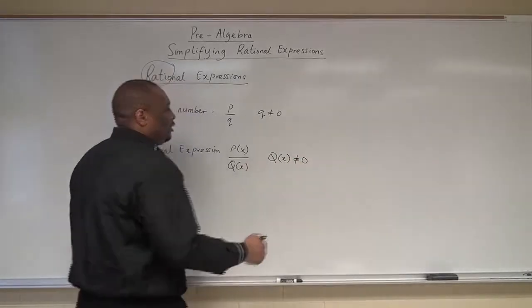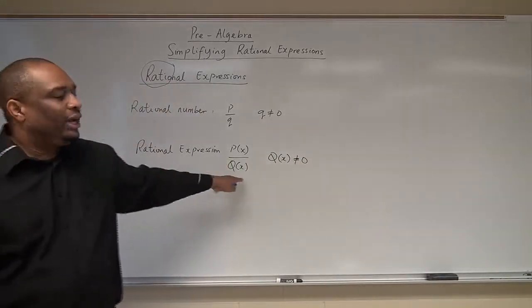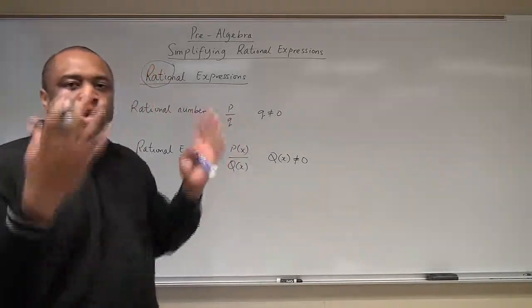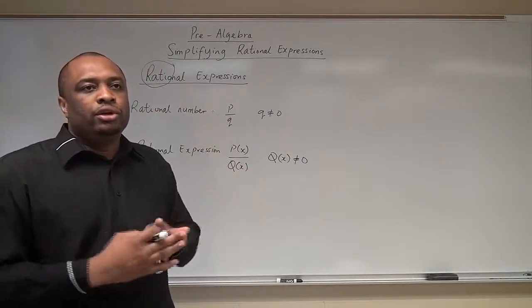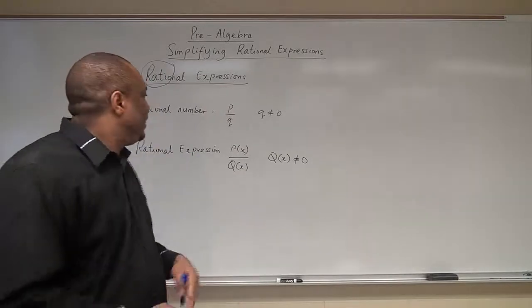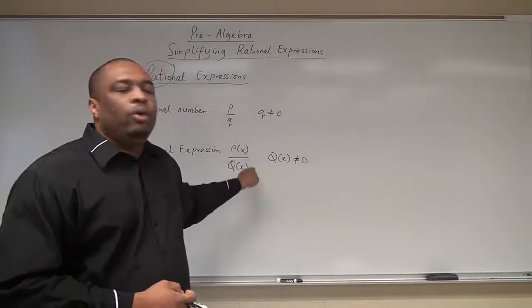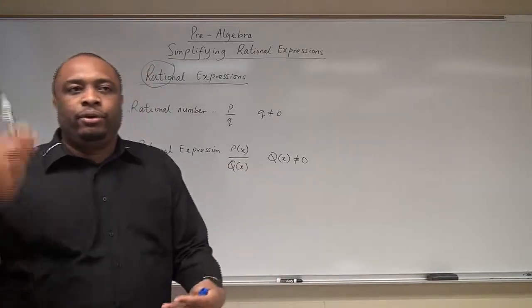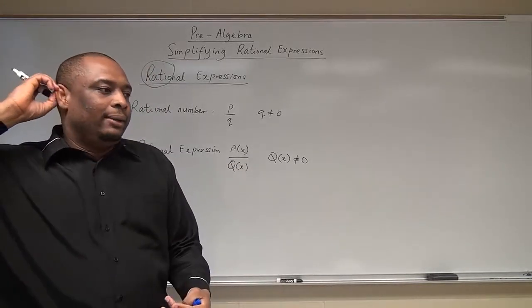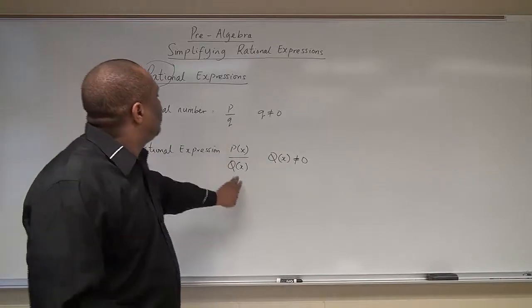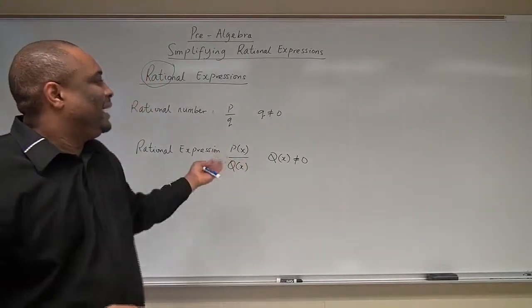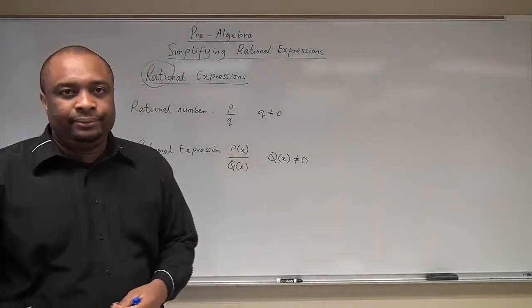Whenever we talk of a rational expression, it's a quotient, a ratio, a division, a fraction, and we don't want the denominator to be equal to 0. Why do we say that? Because if the denominator is equal to 0, that will make the expression undefined.